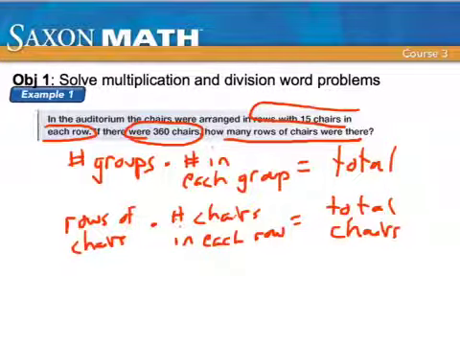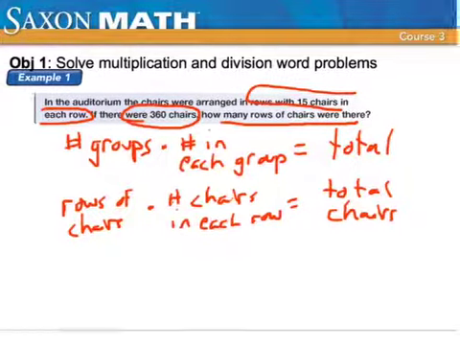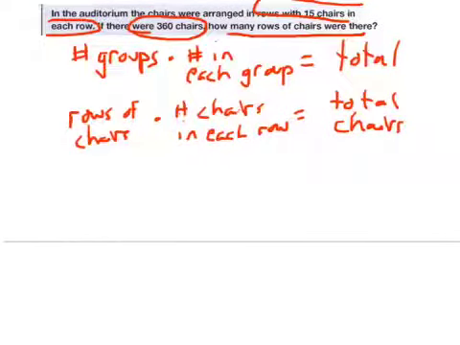So again, we thought about what are our groups? Well, our groups are in rows, and then the number in each group is how many chairs are in each row. That equals our total chairs. Now we're going to slide this up a little bit so we got room to work. Now we got to fill in the stuff that we know in place of these words I just wrote.